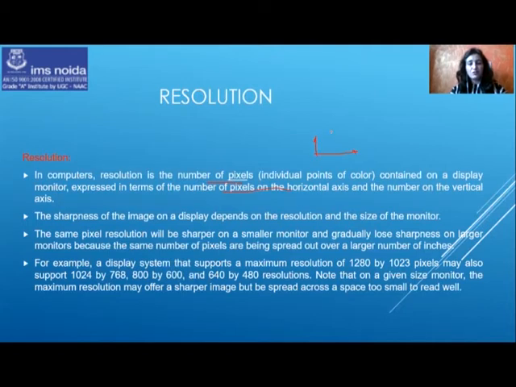Suppose this is an area, so the number of horizontal and vertical pixels is called the resolution. The sharpness of the image depends on the resolution and the size of the monitor. There are lots of resolutions, as you can see, 1280 by 1023 pixels, 1024 by 768. There are lots of resolutions in the computer.